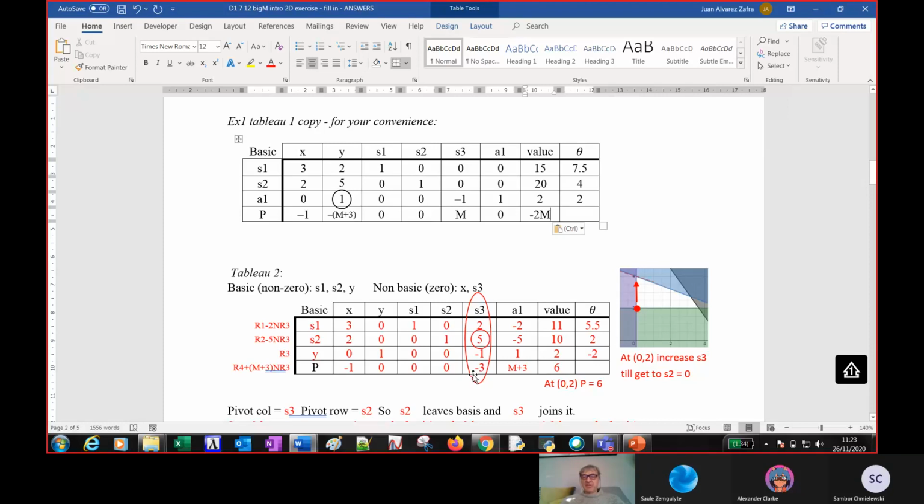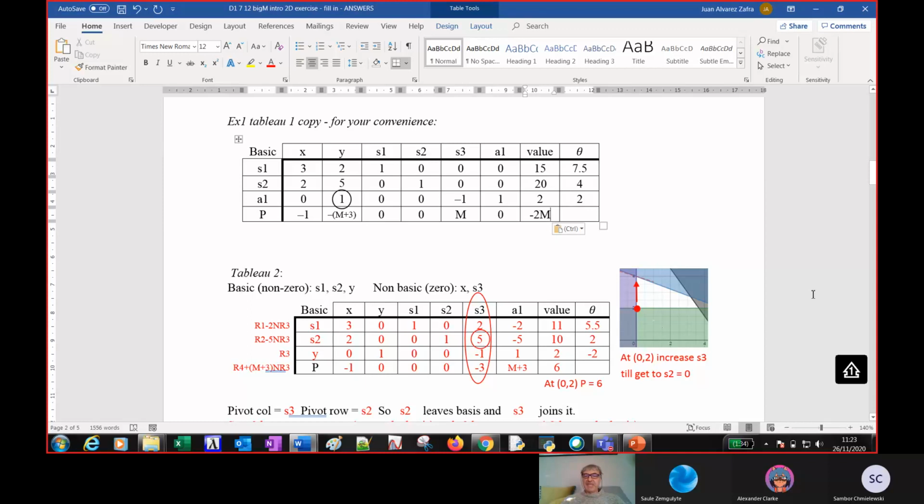We now calculate the theta values by dividing 11 by 2, 5.5, 10 by 5 is 2, 2 by -1 is -2. The smallest positive value is 2, so the pivot row becomes row 2, which is the S2 row, and the pivot value is 5.